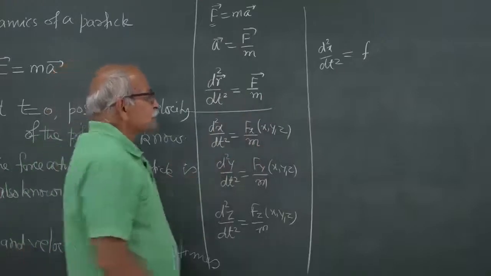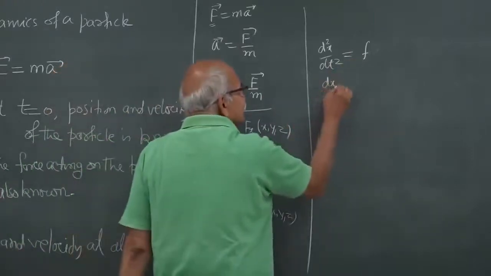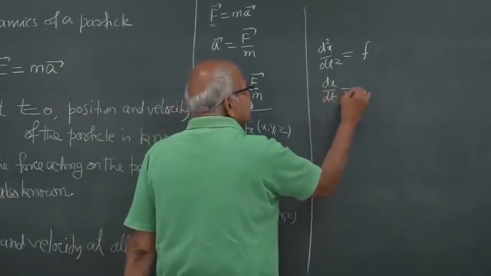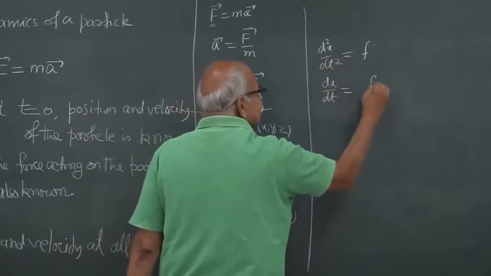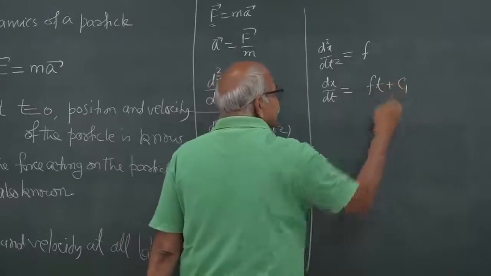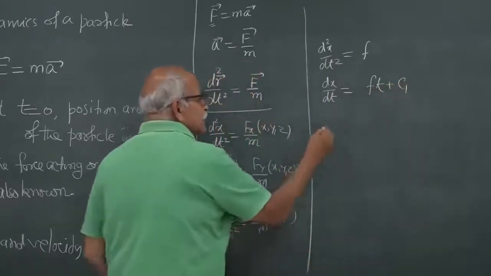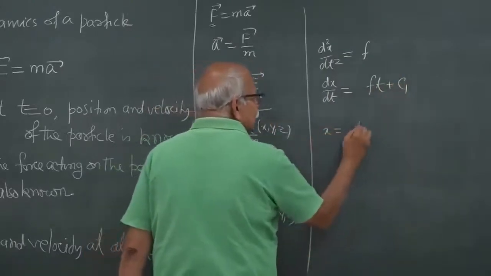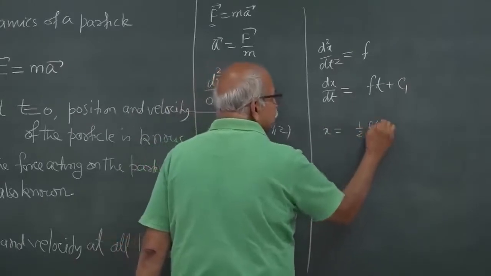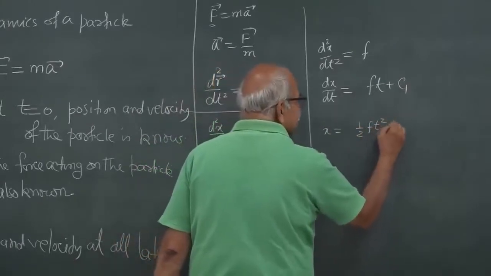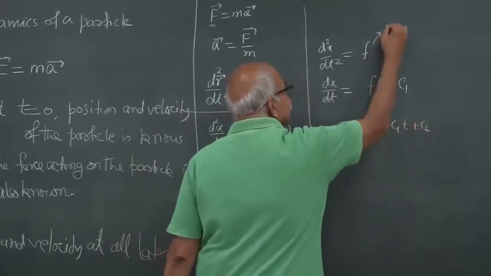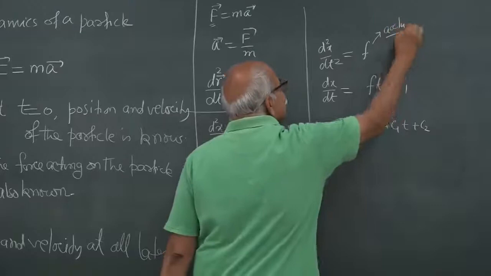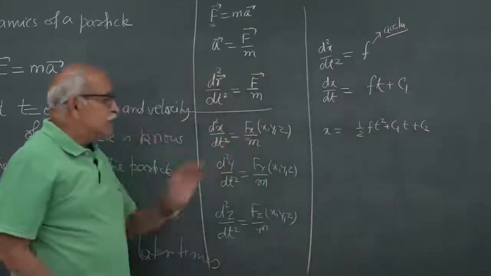So, that is this, and then you can always integrate it. dx dt is equal to, this is one integration, F into t plus some constant c1, and then again integrating, x is equal to half F t square plus c1 t plus c2, and this is the acceleration which is constant, which is known because it is F divided by m.